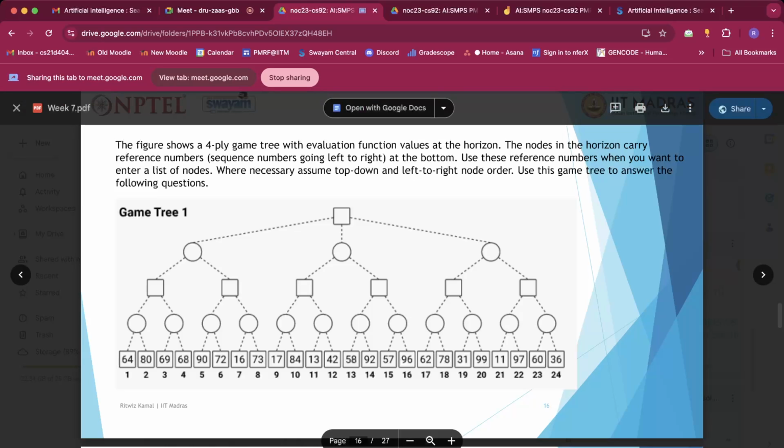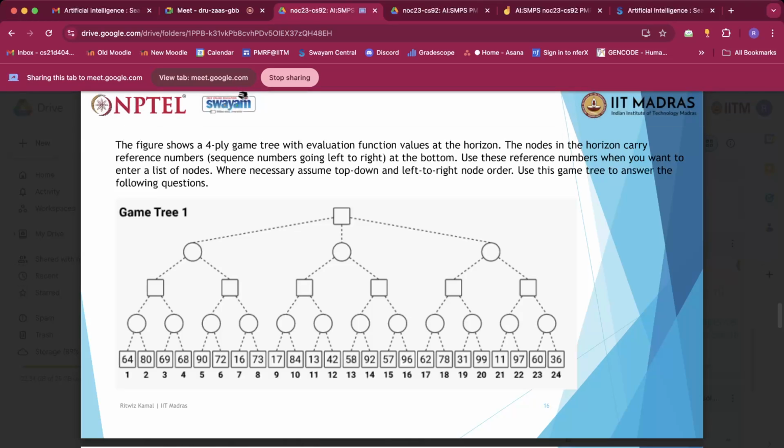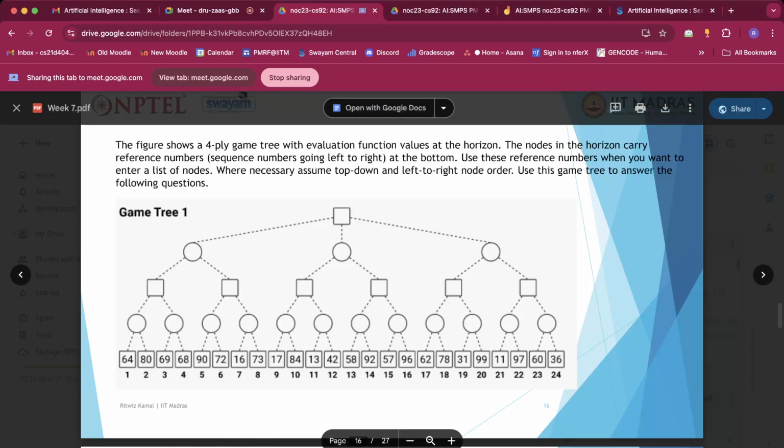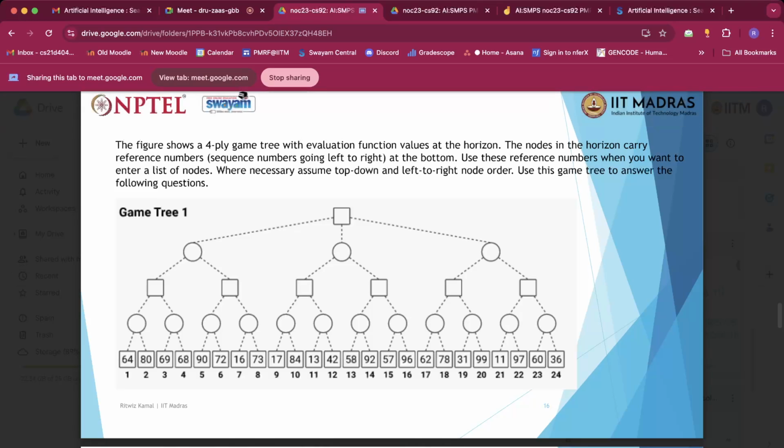They carry reference numbers, and some values assigned to them, which are 64, 80, 69 and so on. Whenever necessary we can assume a top down and left to right node order, and we have to use this game tree to answer the next few questions. Don't worry about the instructions now. These will become clearer as we look at the solution or the question statement itself.